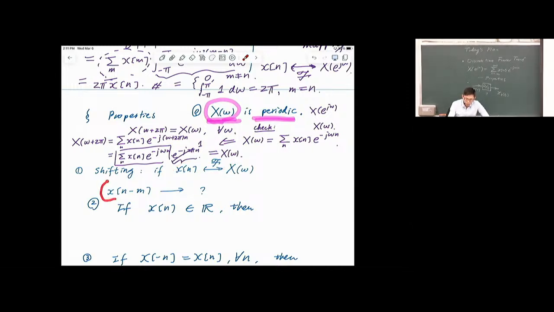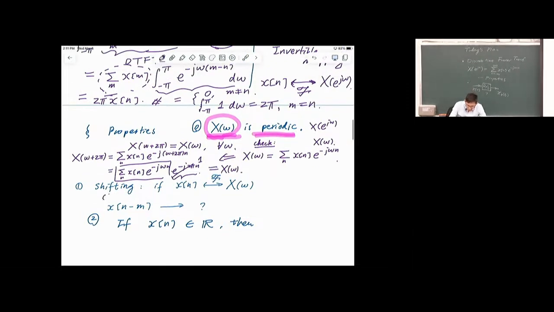Now, when we shift our signal to the right by m samples, you with me? Shifting to the right by m samples, and the result, of course, is denoted as this. This is x shifted to the right by m samples.